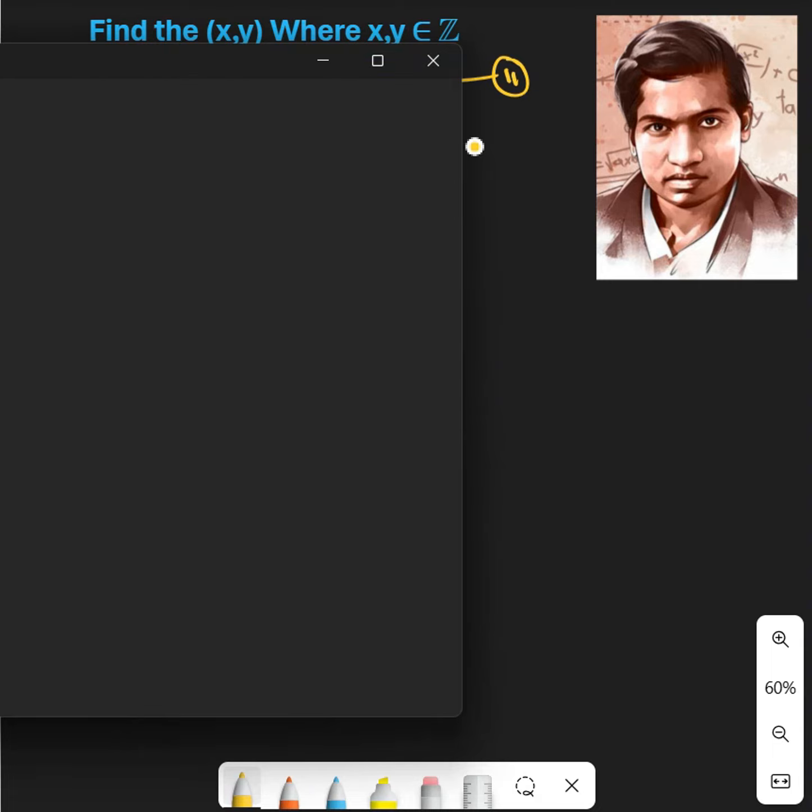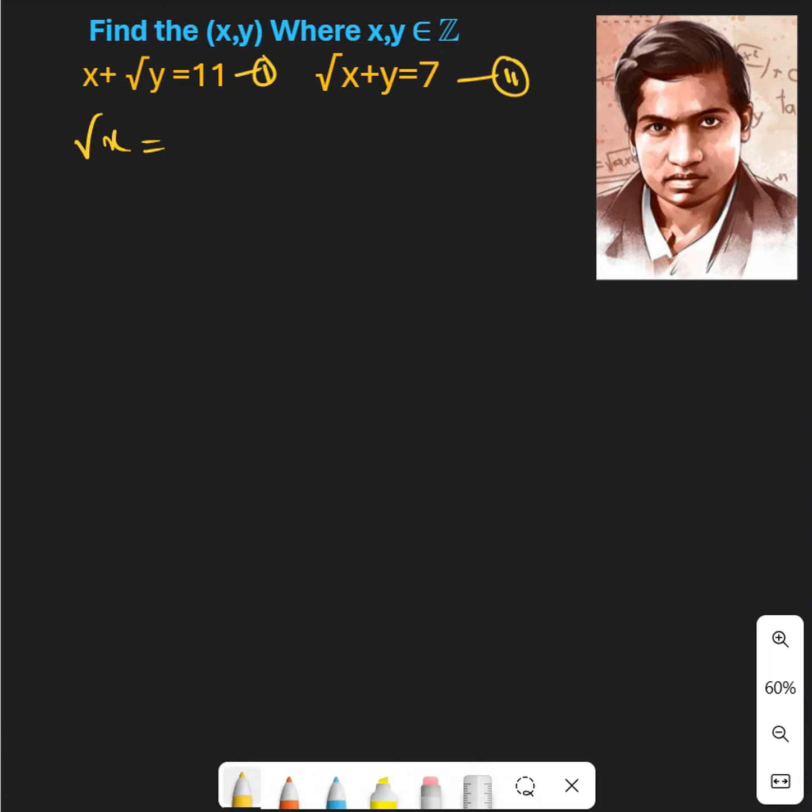Consider square root of x is equal to p and square root of y is equal to q. If we square both sides, we find x is p square and y is q square.